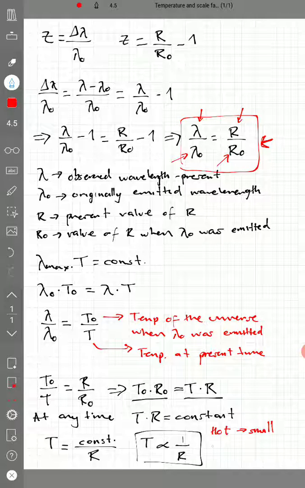And when the universe cools, then it gets bigger, right? And I can say that because I can see that the temperature is inversely proportional to the scale factor of the universe. And remember, the scale factor talks about size. So as the scale factor increases, that means as the universe increases its size, then the temperature goes down. And as the scale factor decreases, that means back in time when the universe was way smaller, the temperature gets higher.